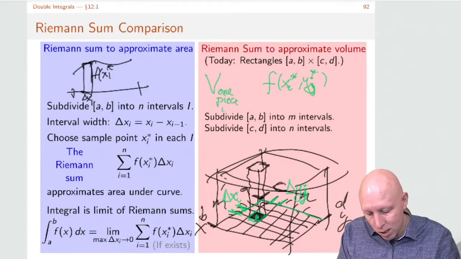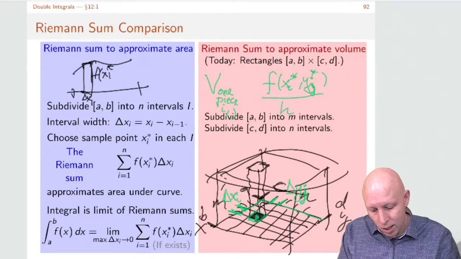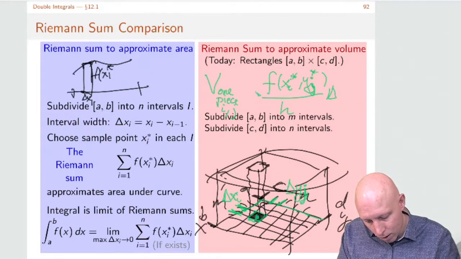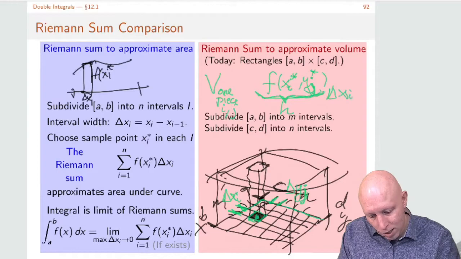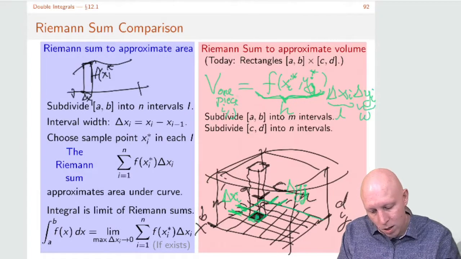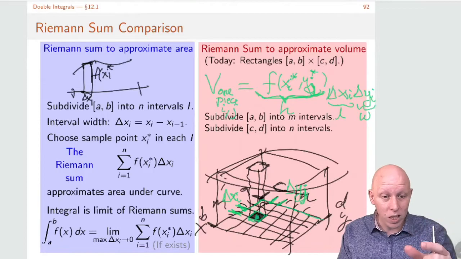that corresponds to i in the x direction and j in the y direction is, this is the height, this is the width, so I don't want to divide by h, I'm just saying this is the height, the width is delta xi, and the length is delta yj, and so that's the volume of one piece.